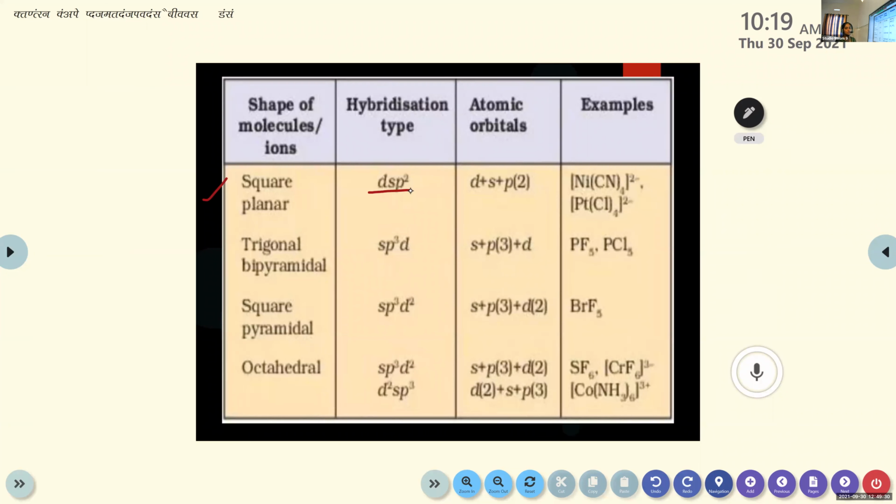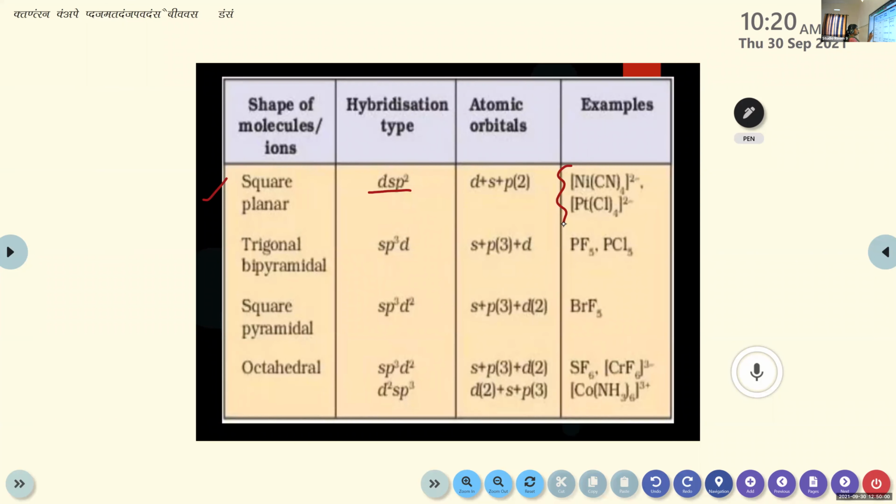Examples of compounds that show dsp2 hybridization are [Ni(CN)4]2- and [PtCl4]2-. These two are coordination compounds, or complex ions, that you will learn in more detail later.